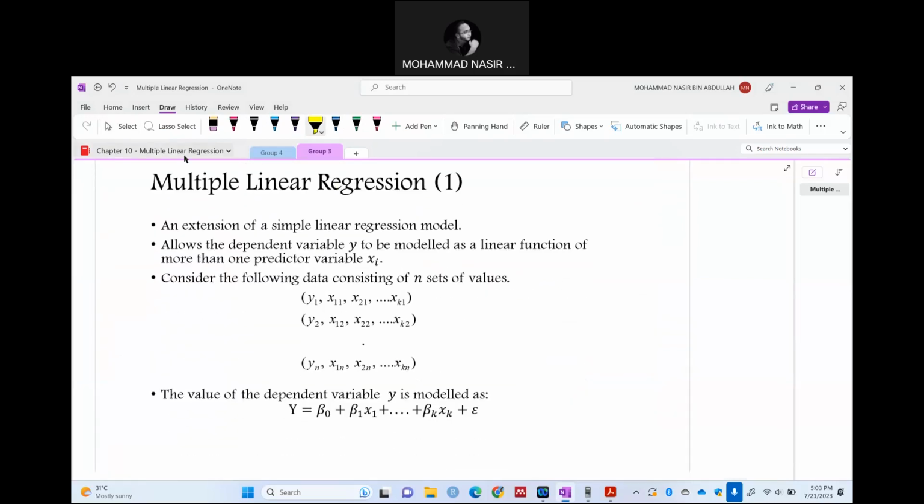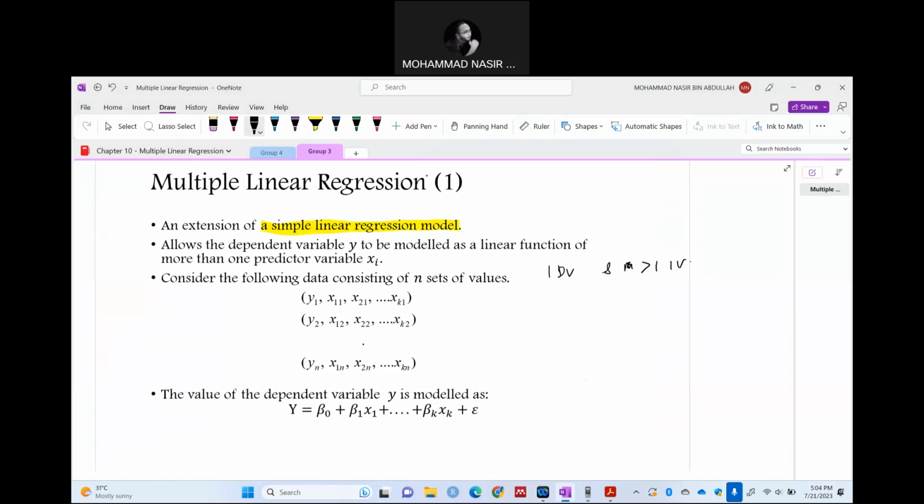Multiple linear regression is actually an extension of simple linear regression, where in this topic we have one dependent variable and more than one independent variable, meaning two or more. But for constructing or calculating the regression equation, we will limit our independent variables to two.